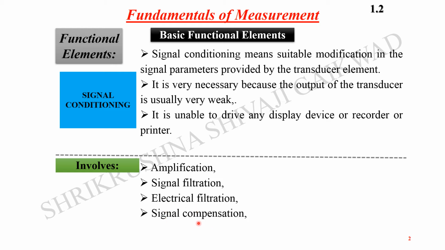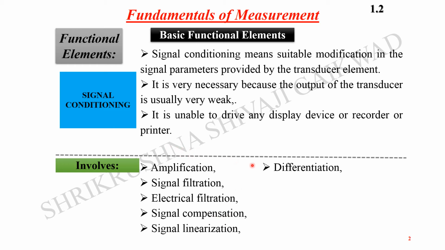Then the signal compensation. Sometimes it is required to enhance the signal strength, or else we need to compensate the signal with the other signal, and that also comes under signal conditioning. Then signal linearization. If there is no one-to-one correspondence in the signal which we are measuring, then that also comes under signal conditioning.